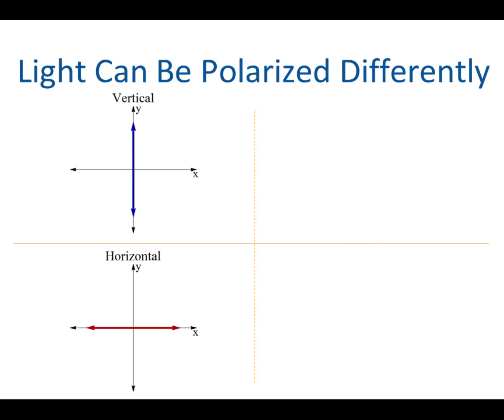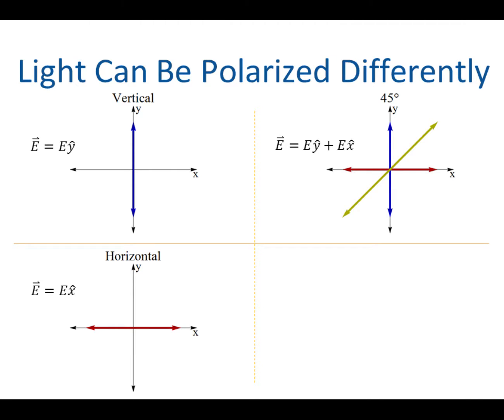So imagine we have this vertical and horizontal polarization state, and we combine them together. So we do some vector algebra and take some component of y and add to that some component of x and draw our resultant, going from tip to tail, and we'll get our resultant polarization.